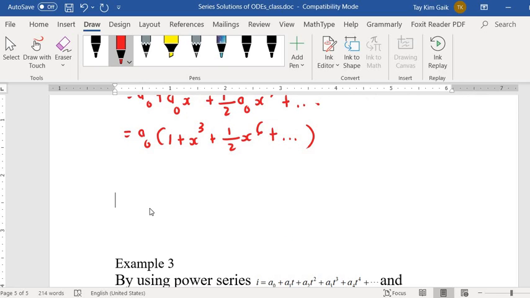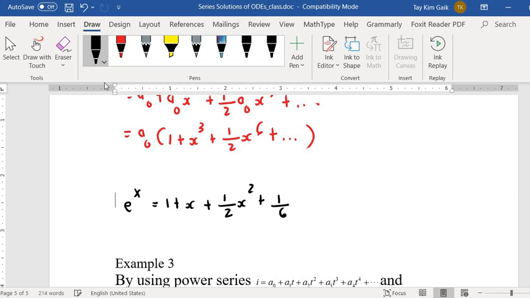And just now we know that the power series expansion for exponent x is 1 plus x plus half x squared plus 1 over 6 x cubed. So this is actually the pattern if x here I replace by x cubed.